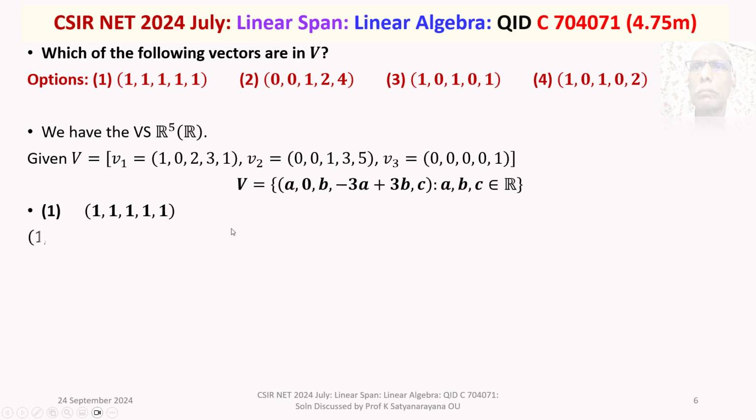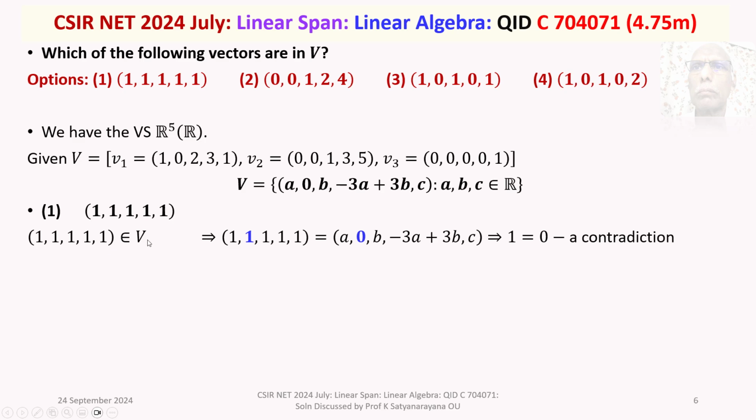Right. So suppose (1, 1, 1, 1, 1) belongs to V. It is in V. Then this vector is equal to (A, 0, B, minus 3A plus 3B, C) for some A, B, C belonging to R. But look at the second component in the first vector and the second component in the second vector. You will see second components are 1 and 0.